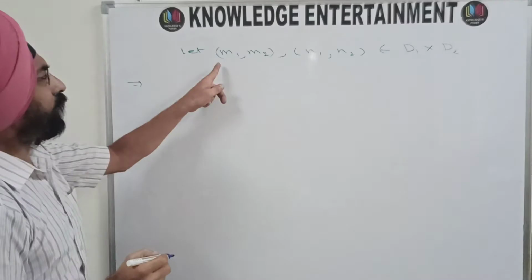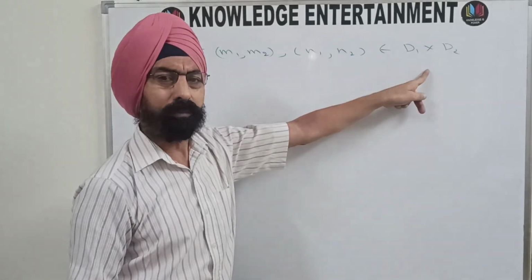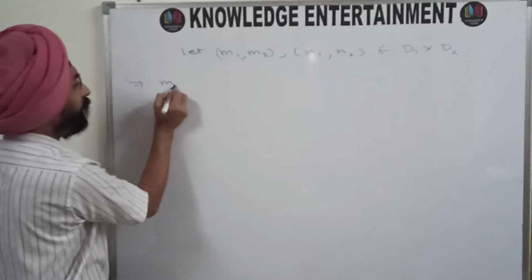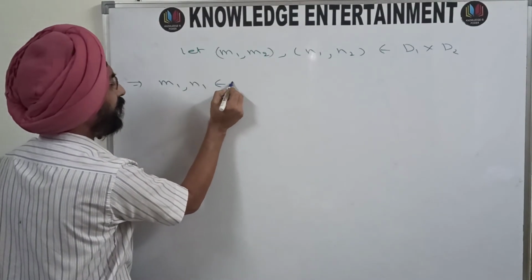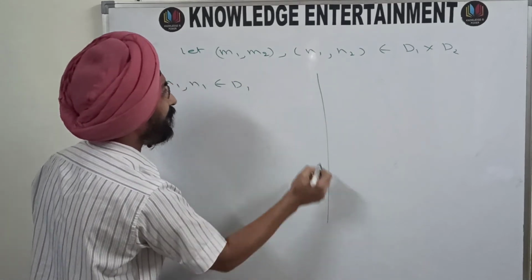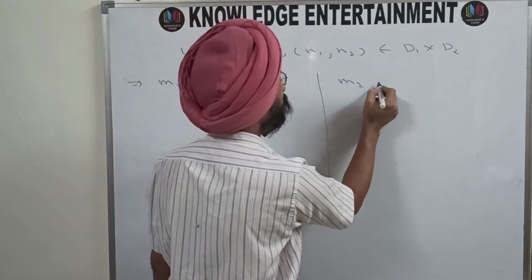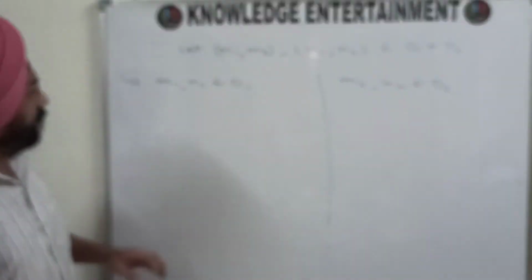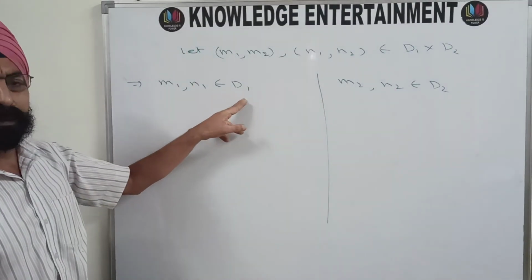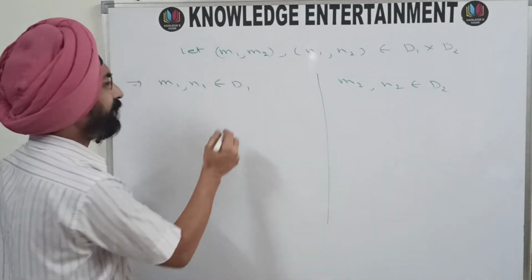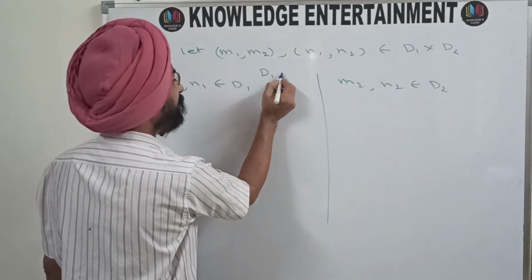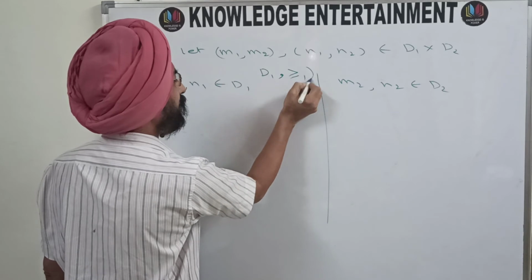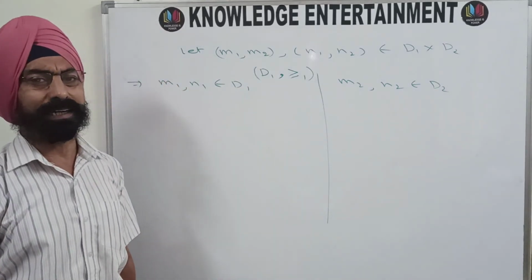This means your M1, N1 are coming from D1 and your M2, N2 are coming from D2. Now M1, N1 are members of D1, and D1 with binary operation greater than or equal to 1 is given to be a directed set.